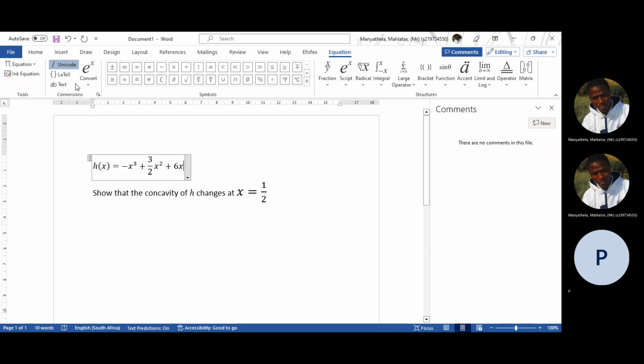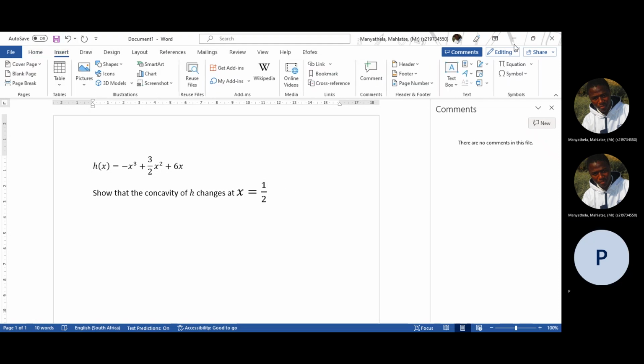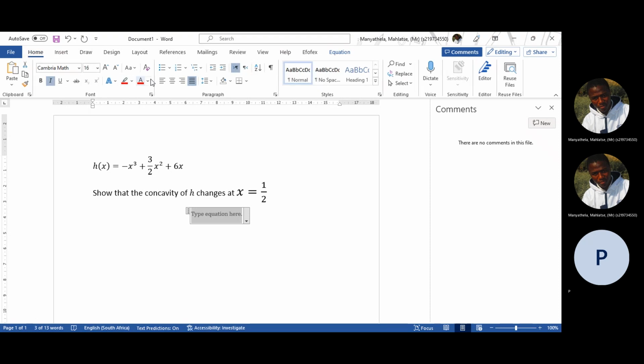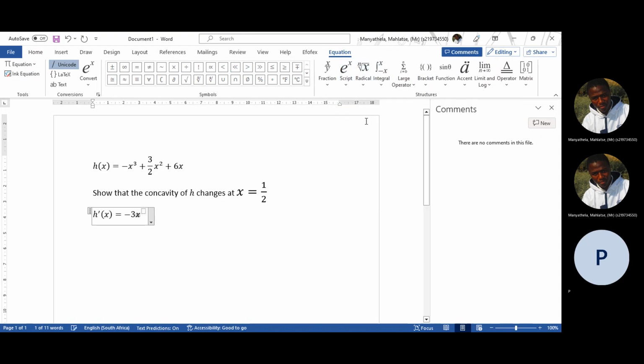So let's take this function and derive it. If we're to derive this function that we have, we'll have h prime x equal to negative 3x squared, and then 2 times 3 over 2, plus 3x plus 6.